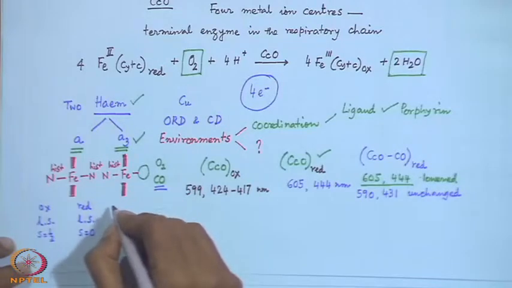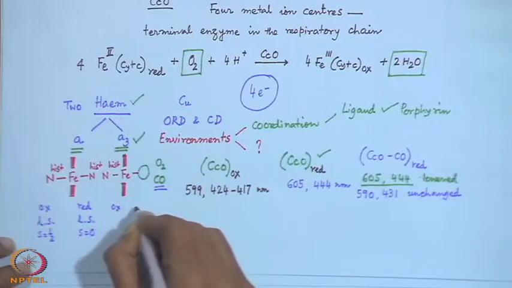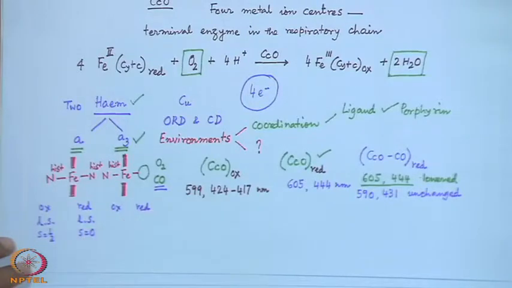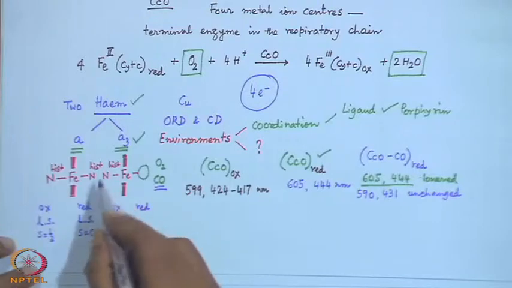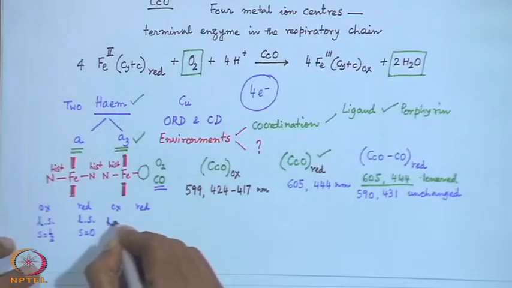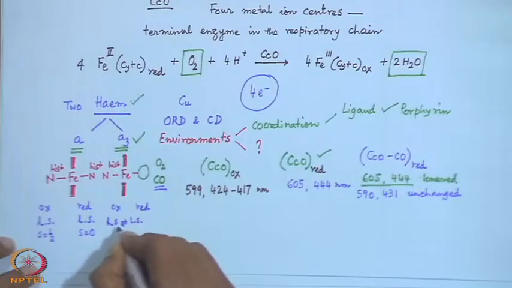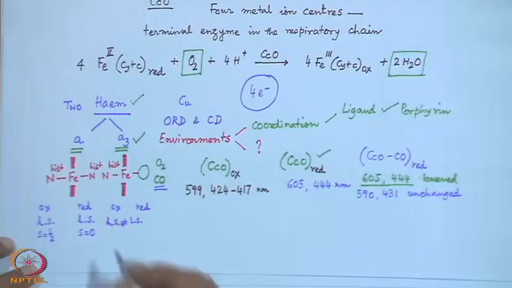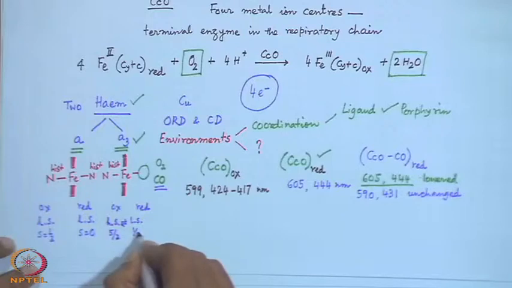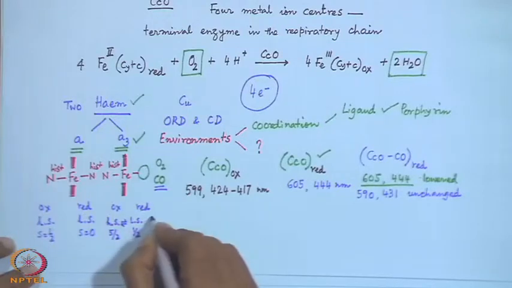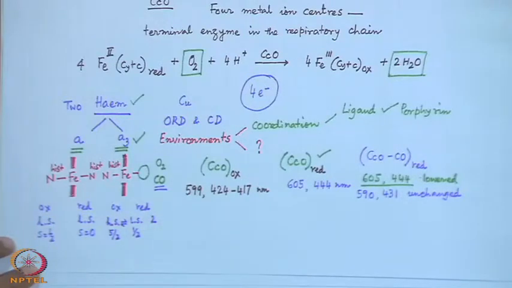Similarly, for the A3 site, which is oxidized as well as reduced, and interestingly, since it is 5 coordinate like myoglobin and hemoglobin, it can be in equilibrium between the high spin and low spin states, that means a spin value of 5 by 2 or half integral, but the reduced one will have a spin value equal to 2.